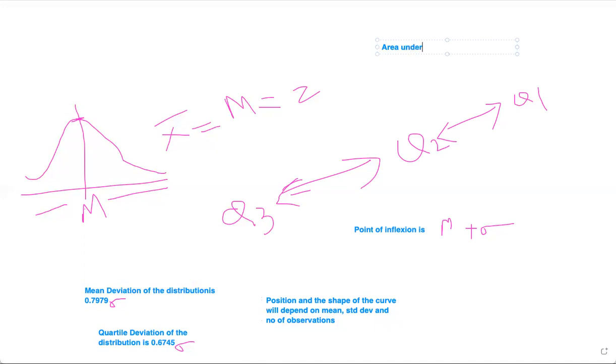Area under the normal curve is X bar minus mu: sample mean minus population mean, divided by population standard deviation. Okay? Are you following? Yes, ma'am. Understood?